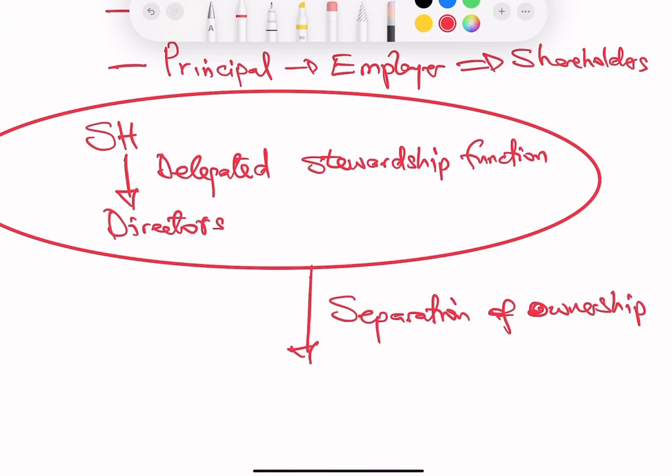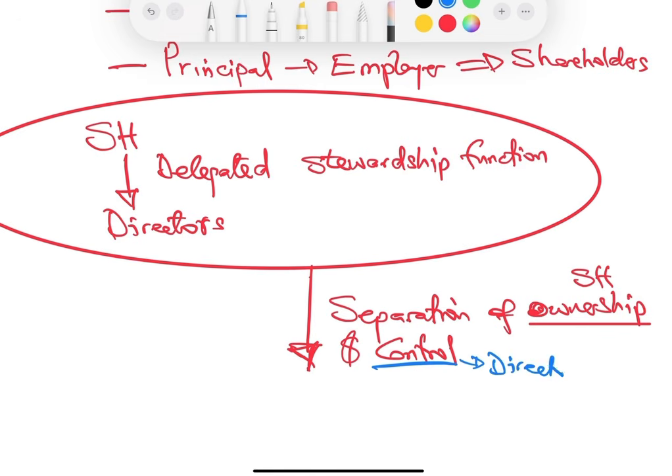However, they have delegated control to the directors. So ownership definitely will still remain with shareholders. However, control has gone to the directors, because they are the ones that will now be making those decisions on behalf of the shareholders. So this delegation creates separation.